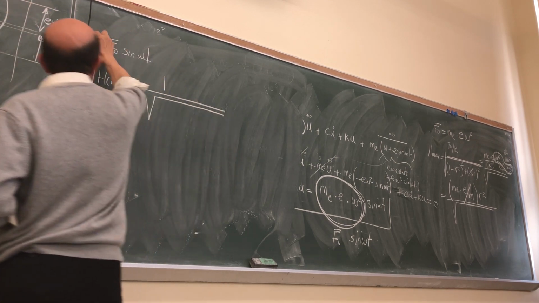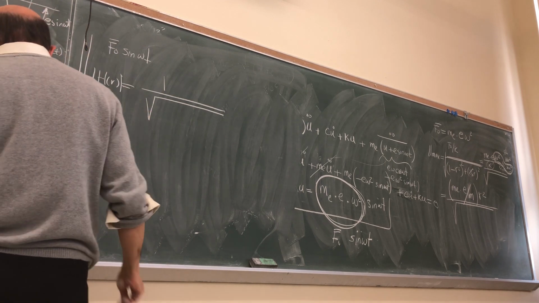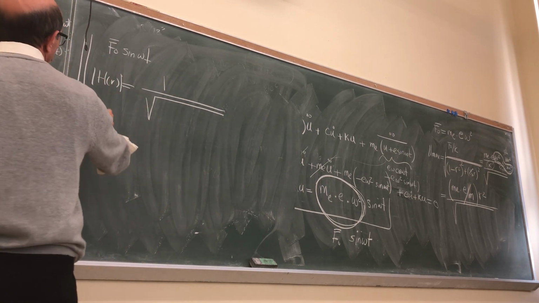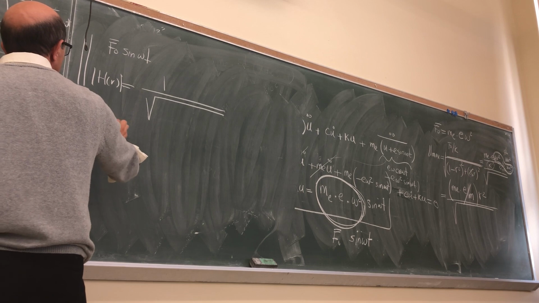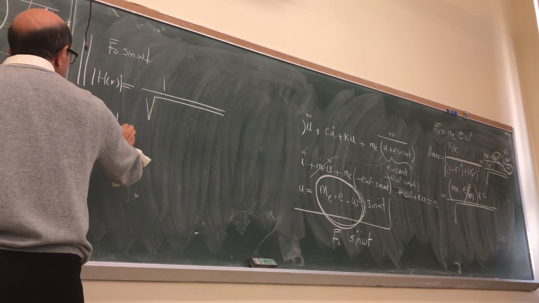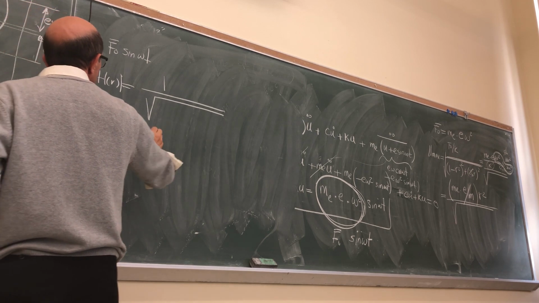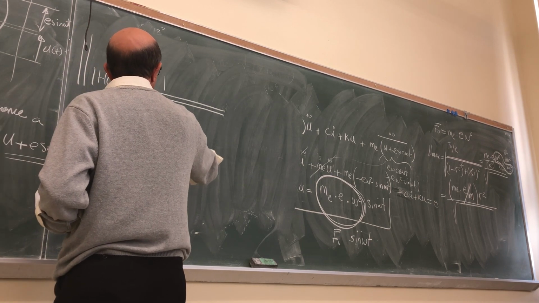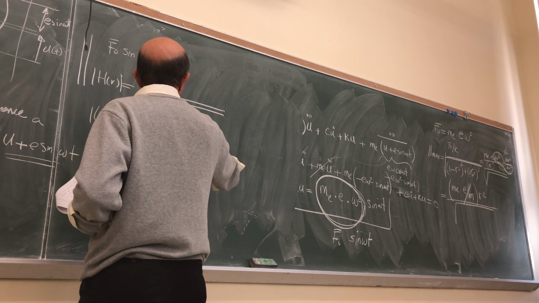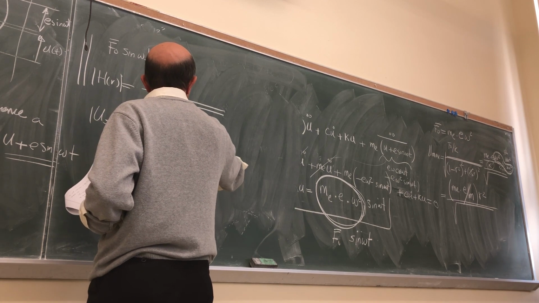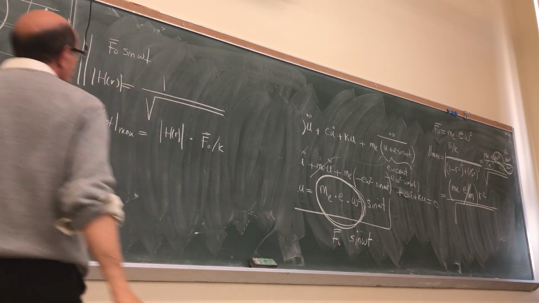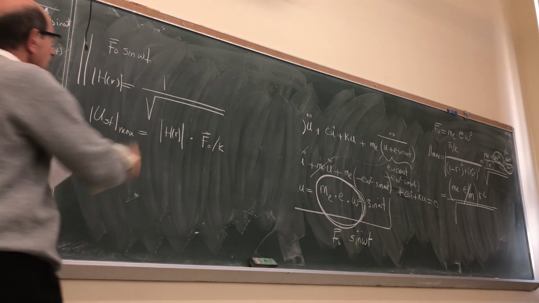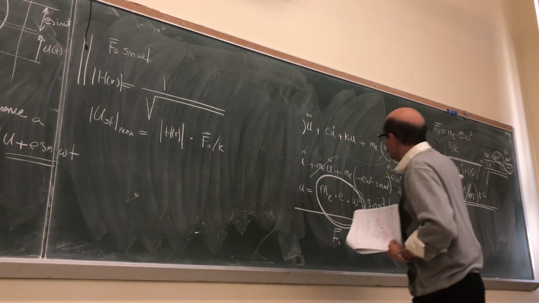So that was what we had. And of course, the maximum steady state response was H(r) times F0 over K. But now F0 is that.